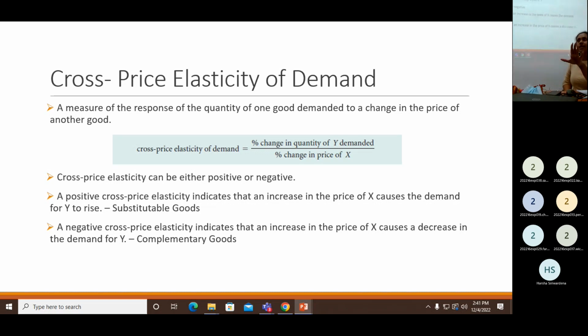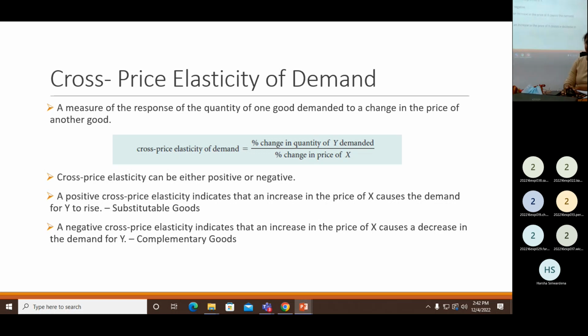For example, the simplest example is tea and coffee, right? When the price of tea increases, people reduce the demand for tea and they might shift to coffee instead, so coffee demand increases. That's why it's positive. Price of tea increases, quantity demanded for coffee also increases. Is that clear? So for substitutable products like that, you will see a positive cross price elasticity.